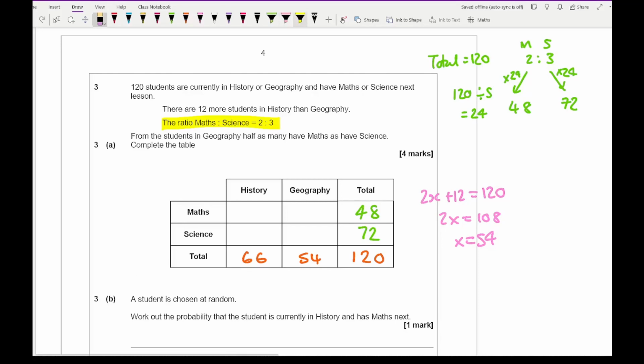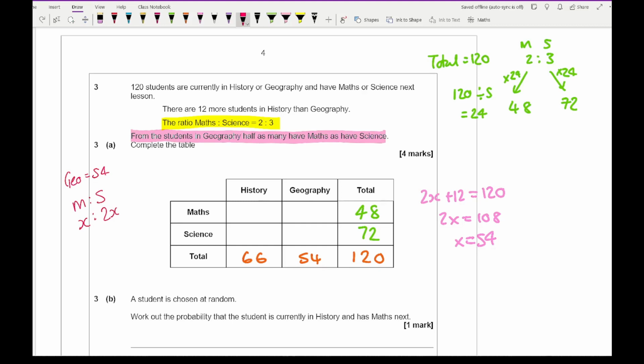So then looking at the next statement, it says from the students in geography, half as many have maths as science. So looking at the geography, in which we have 54 students, half of them will have maths and science will have double. So if this is going to be x, then this is going to be 2x.